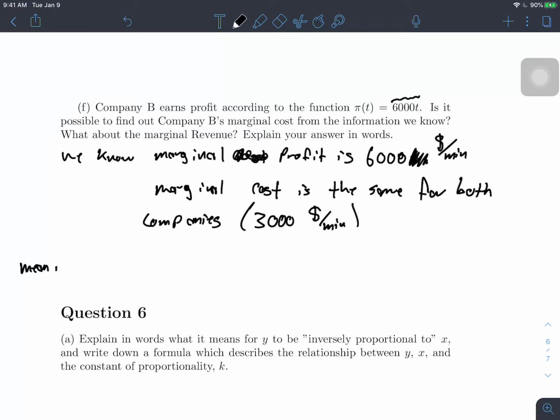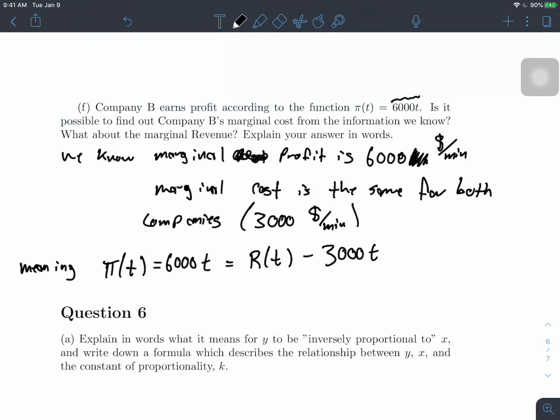Meaning that pi of t for this function is equal to 6,000 t, which is equal to r of t minus 3,000 t.